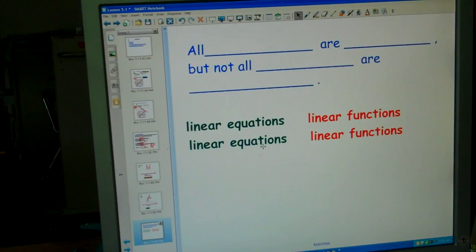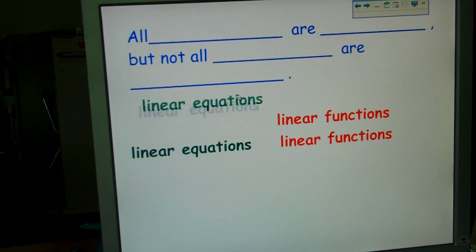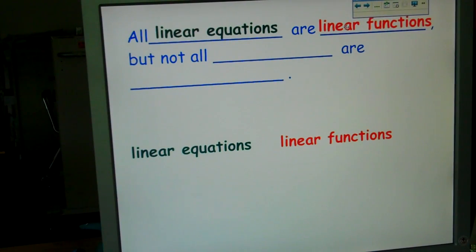So here, for your final test, this is what I want you to look at. All blank are blank, but not all blank are blank. So here's your word bank, linear equations and linear functions. Take a minute, pause this, and see if you can figure it out, because I'm going to put the answer in. All linear equations are linear functions.